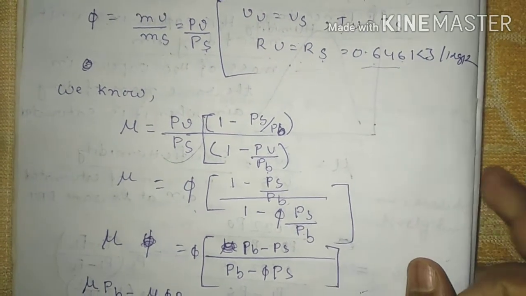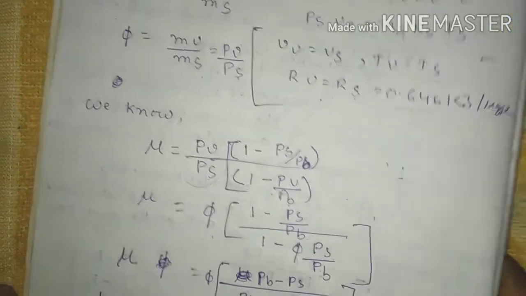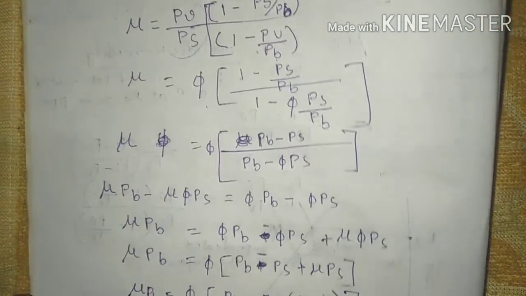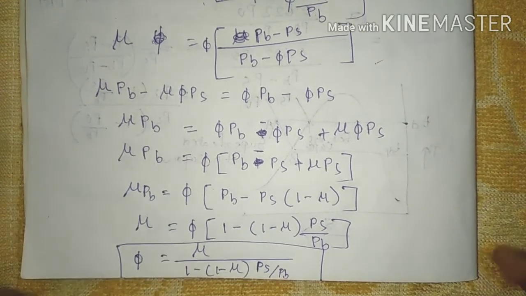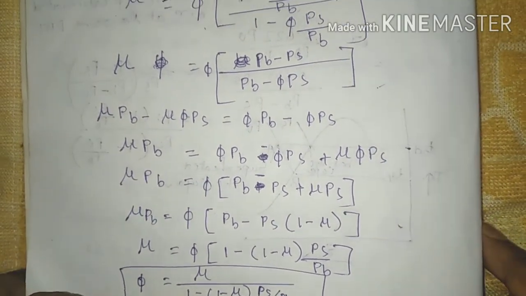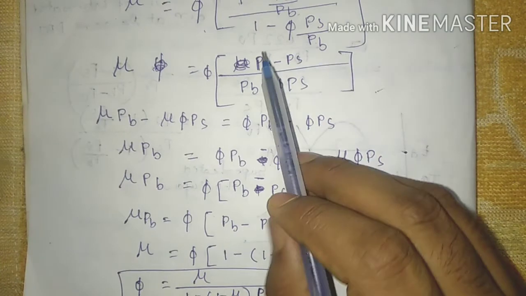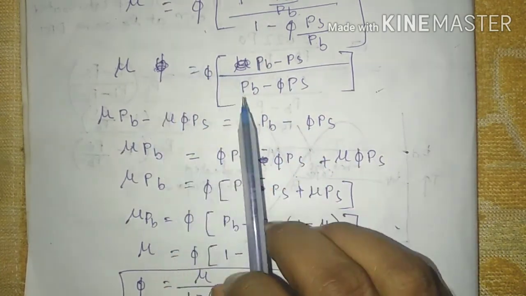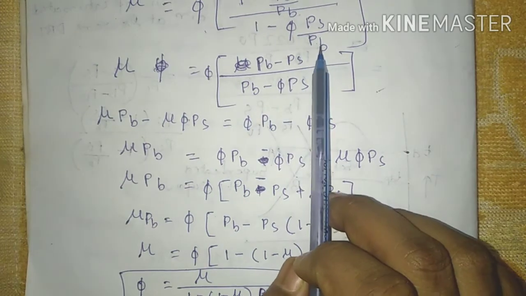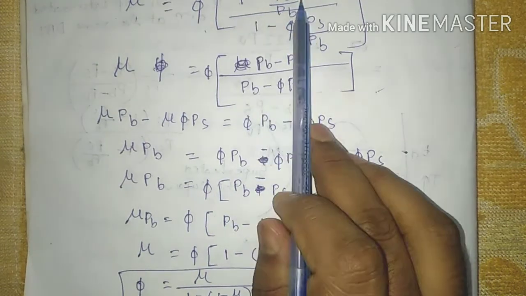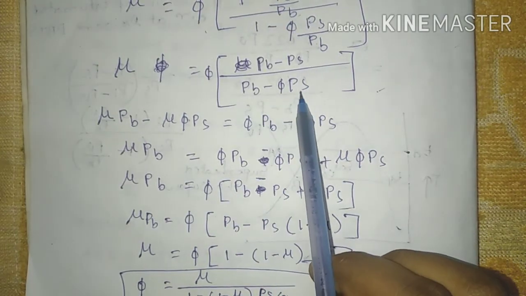Now mu is equal to phi into, as you know, pv will be cancelled, so that will be pv minus ps and pv minus phi into ps.